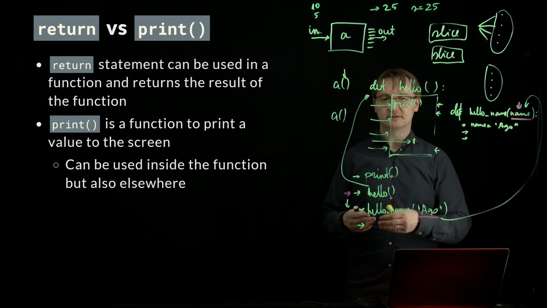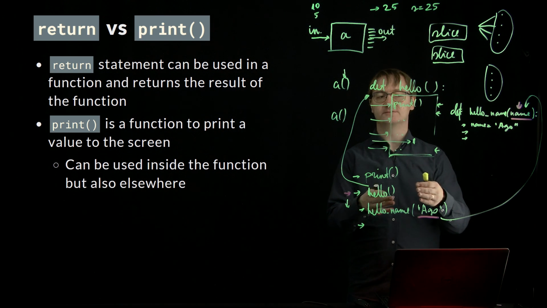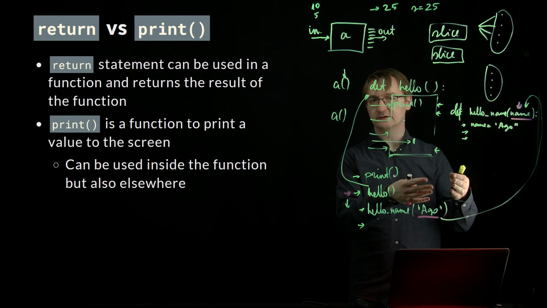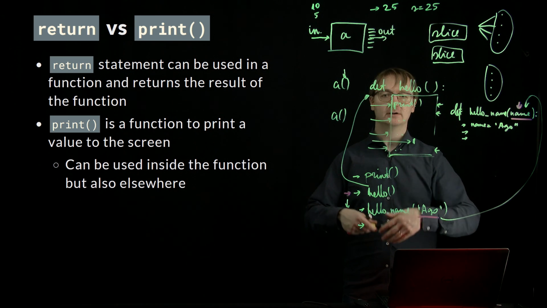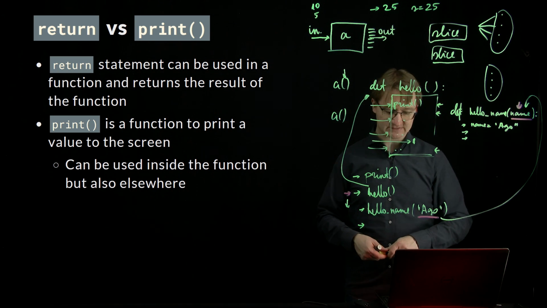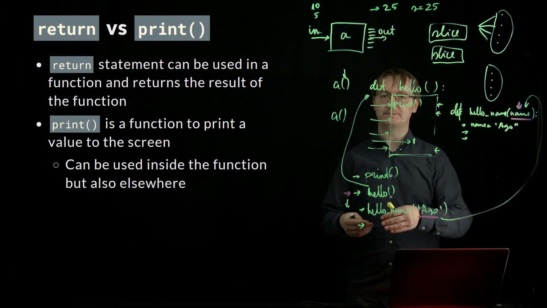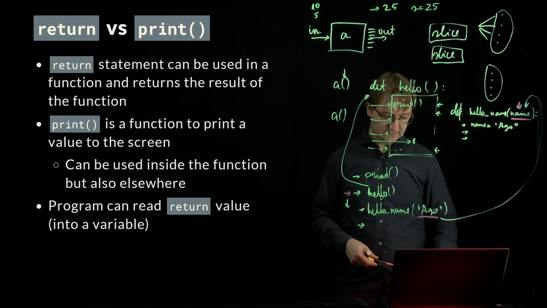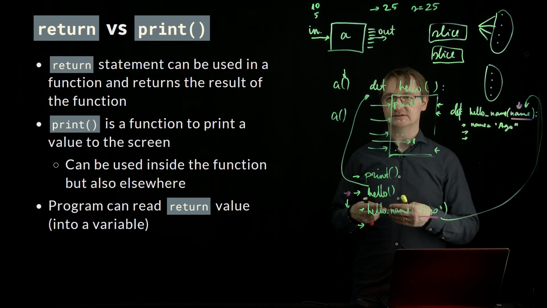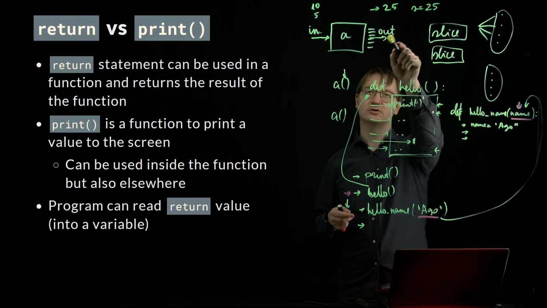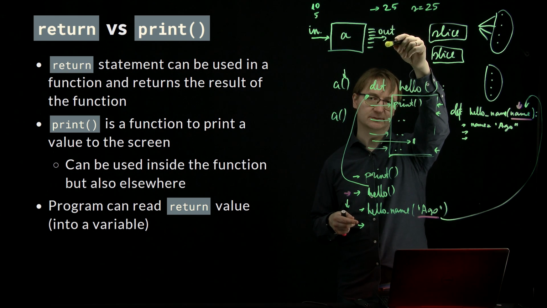But the print, although it's printing by default onto the screen, could also print into a file or onto the web or, I don't know, onto paper in some examples. So the print can happen wherever. What's the main difference is that the return value can be used by the program.